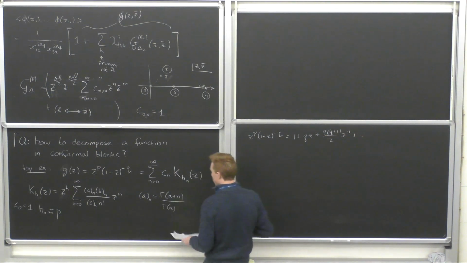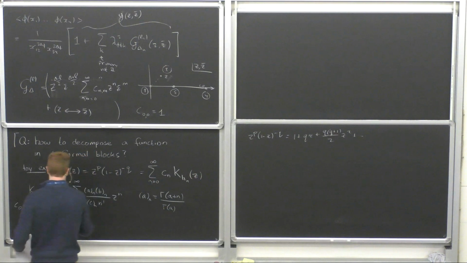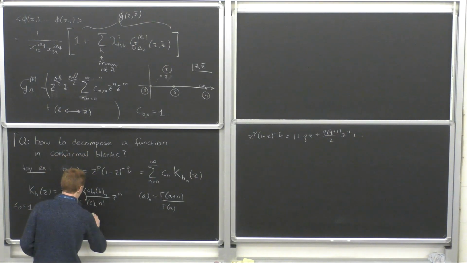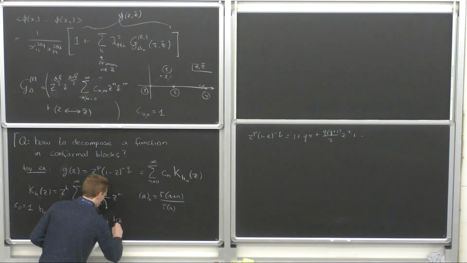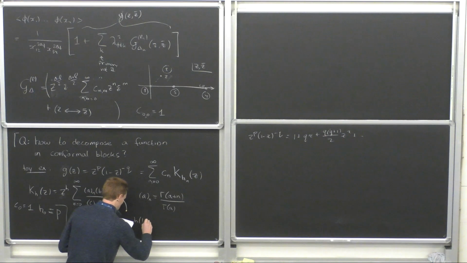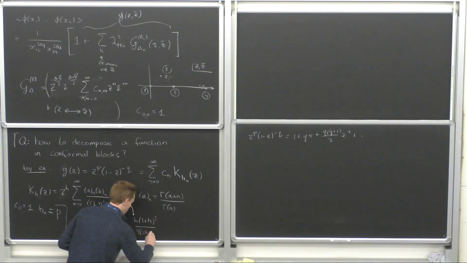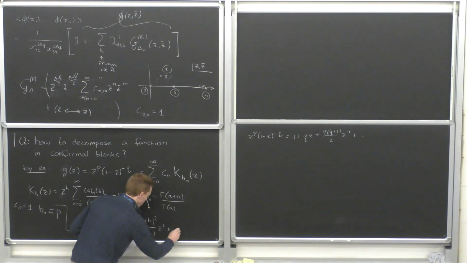And this block itself, this k of z, is z to the h times 1 plus hz over 2 plus h times h plus 1 squared over 4 times 2h plus 1 z squared plus dot dot dot.